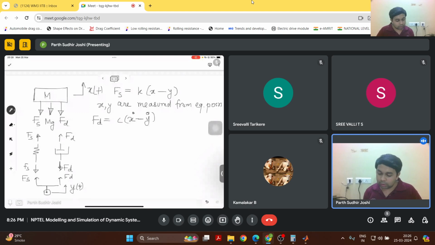So it will be just m x double dot is equal to minus k into x minus y minus c into x dot minus y dot.